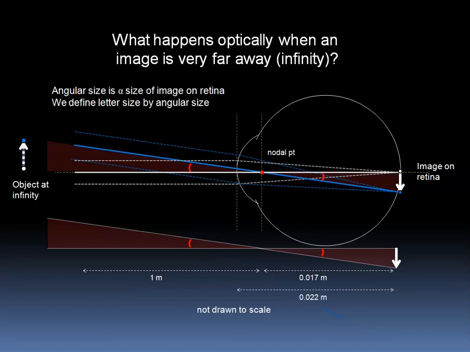In this diagram, we see an object at infinity with top and bottom points. These give off parallel rays, a set from the top and a set from the bottom at an angle from each other as shown. These rays are then focused to form image points. This is a real image, which is inverted on the retina, as compared to the object that is very far away.